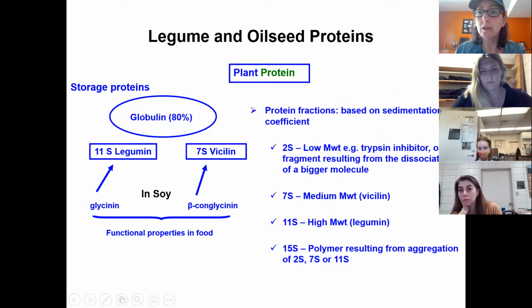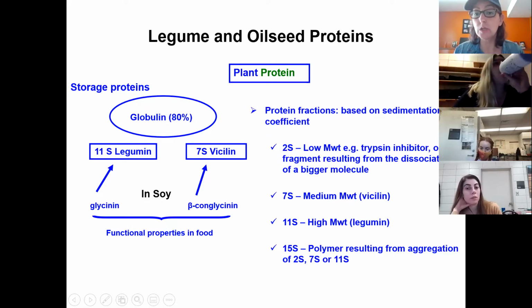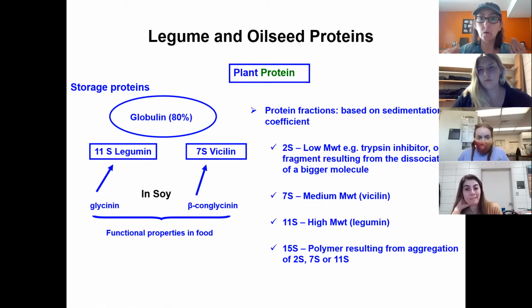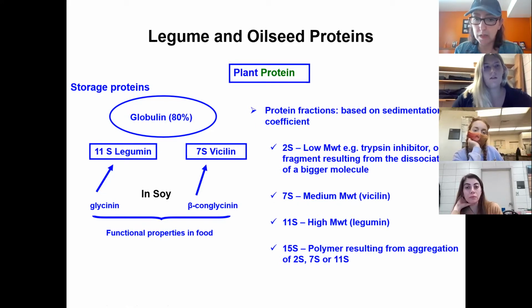So when we isolate fractions based on sedimentation coefficient, we have the 2S, which are usually low molecular weight proteins, or a fragment that dissociated from a larger molecular weight polymer, which can form at particular salt ionic strength or pH, where the larger polymers might break down to smaller subunits, and then they would be in the 2S fraction. 7S is medium molecular weight, 11S is the high molecular weight.